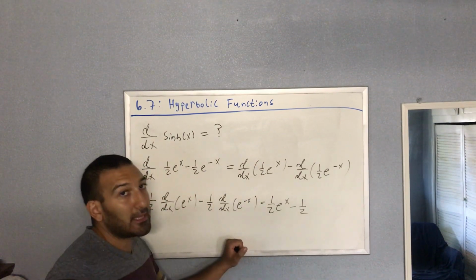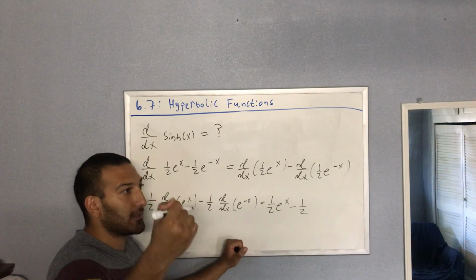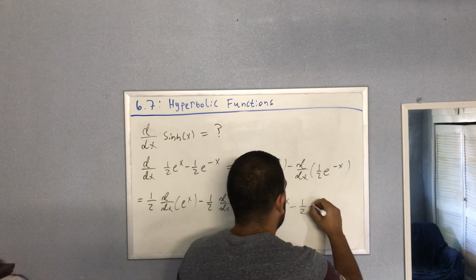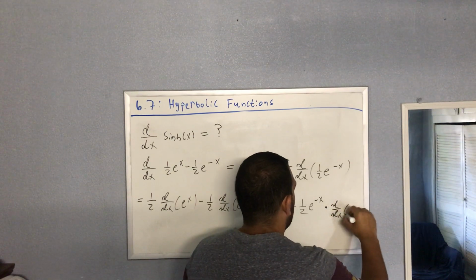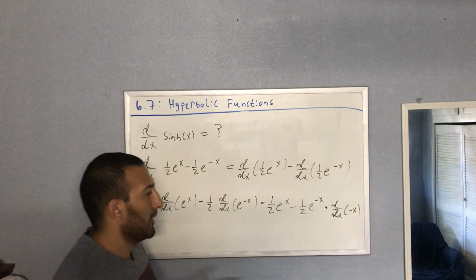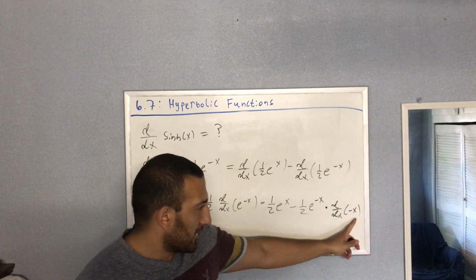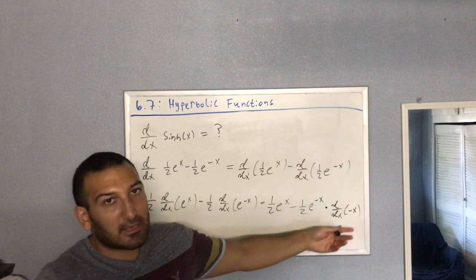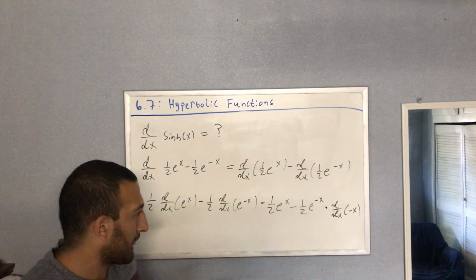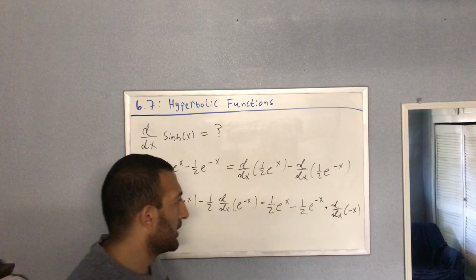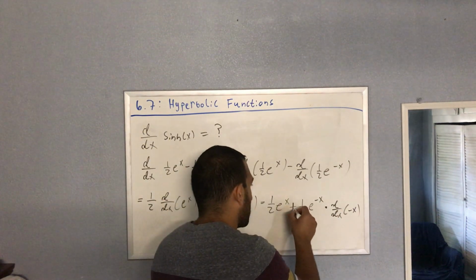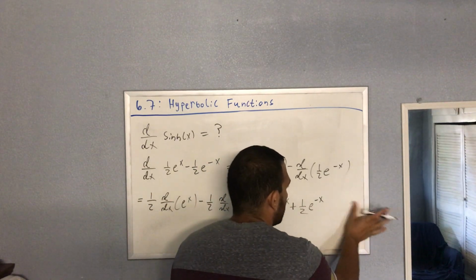The derivative of e to anything is e to that same power. So this will be e to the negative x, but the price we pay from the chain rule is you have to multiply by the derivative of the thing you covered up, the thing that is not x essentially. And this is just -1. So this multiplies a -1, which will actually just turn this into a plus.